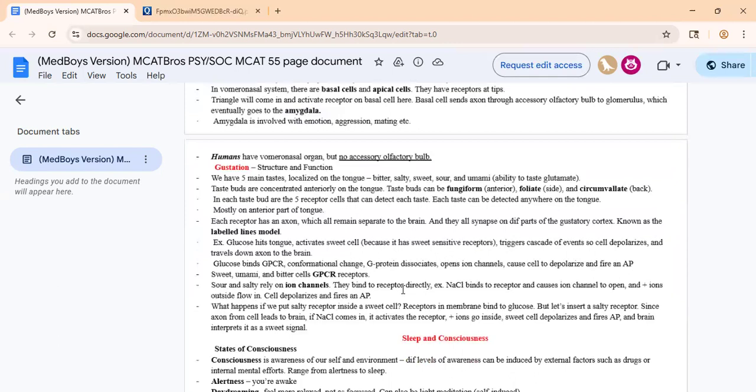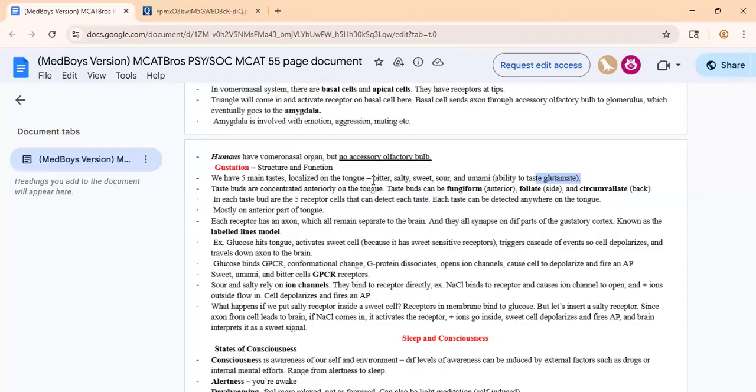So gustation, I'm always thinking about it as taste. When we do have gustation, we have bitter, salty, sweet, sour, and umami. Basically, it would taste good to me. So how I remember this is: be so sour, you sauce.